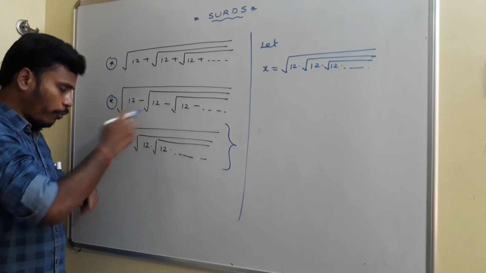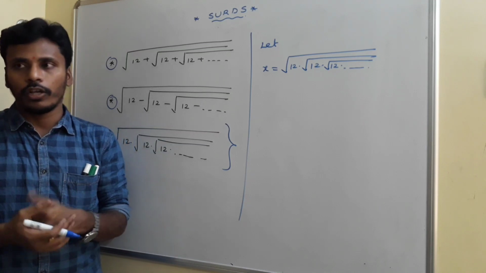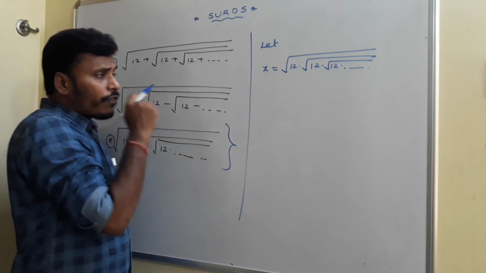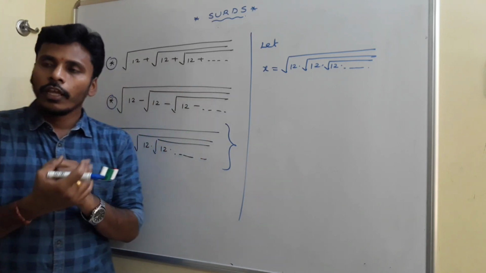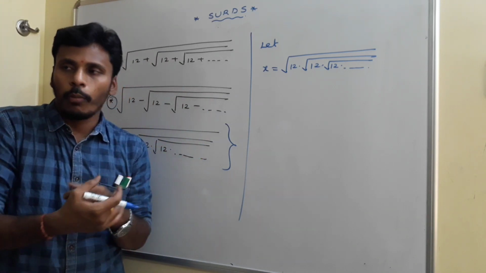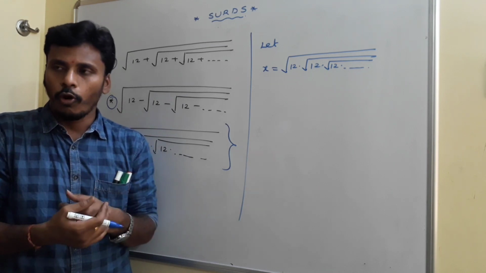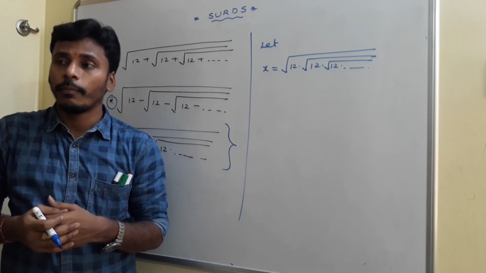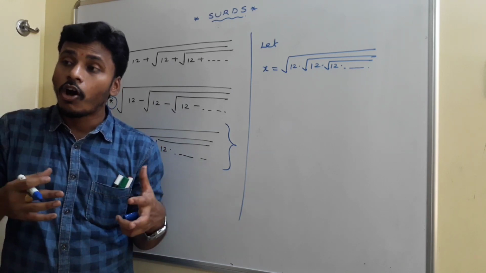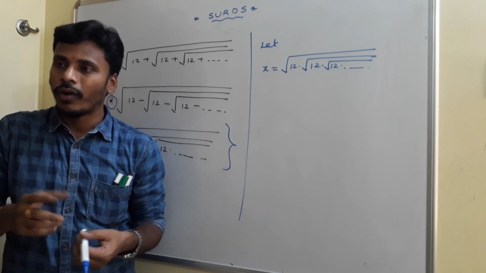You just let that value be x, and if I find x, our task is over. There are infinite number of 12s. If you add a few more 12s, the problem won't change because there are already infinite. If you remove some 12s, the value is not affected, because there are infinite number of 12s, like an ocean. If you remove one glass of water, what will happen?